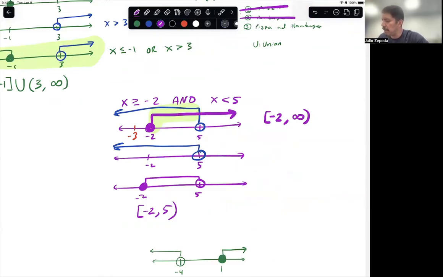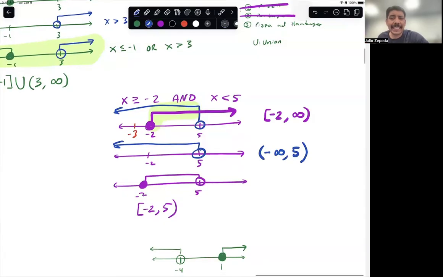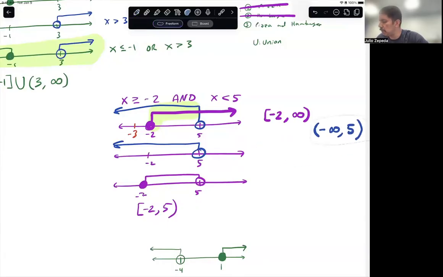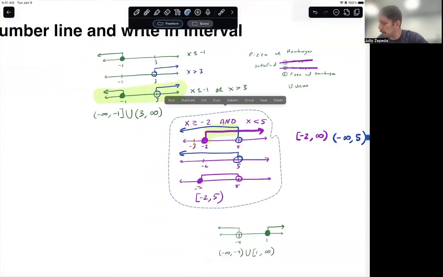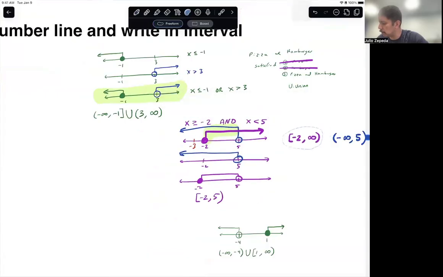X is less than 5 can be written in interval notation as -infinity to 5 with a parenthesis after the 5. And just like we wrote the union symbol earlier, there actually is a symbol for the AND statement as well. It looks just like the union symbol, except it is flipped upside down. It is called the intersection. So it looks like this.